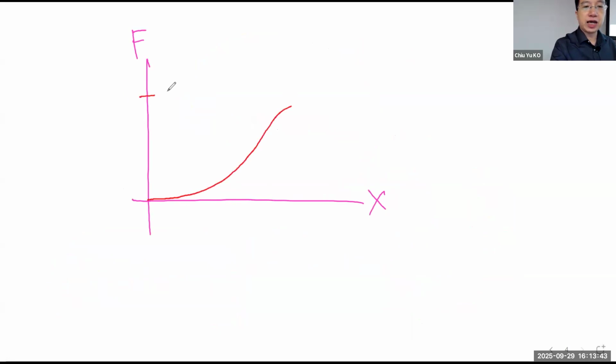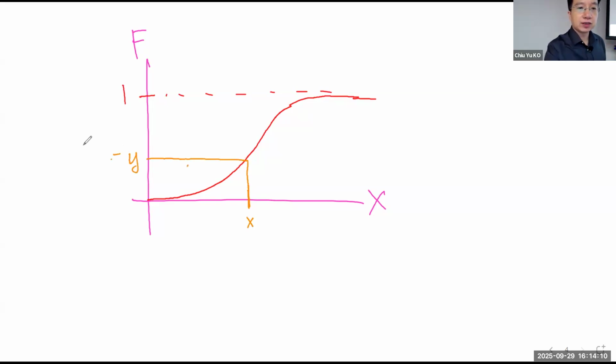But remember, it is always at most 1, you cannot have more than 1, because this is a probability. And it must be increasing, because you cannot go down. And what I said here is there's an x, some value. You go up, you get to this value of y. So this y is f of x.